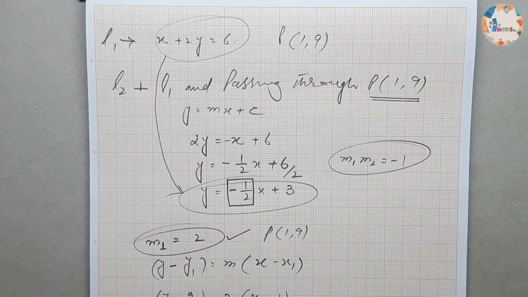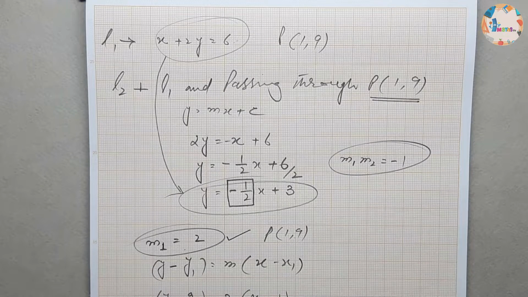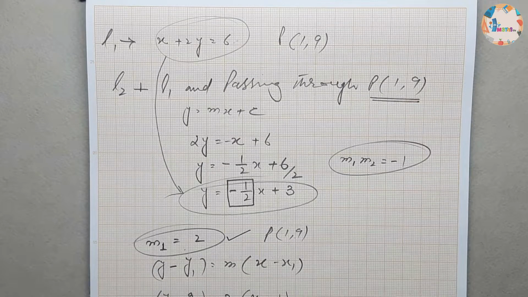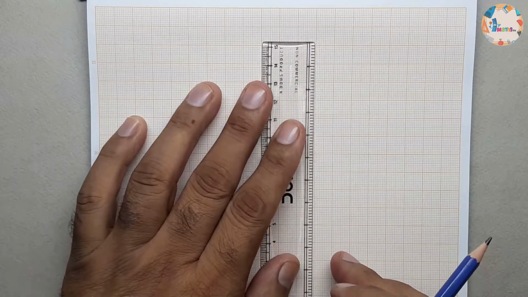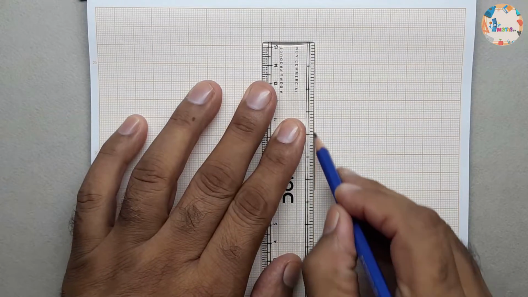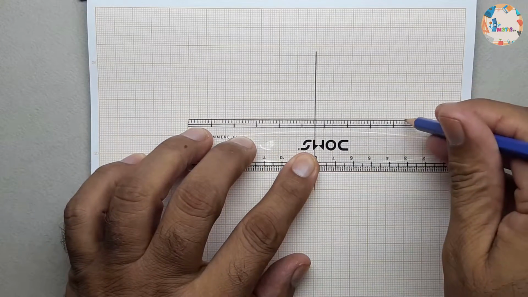This is in case we are given the equation, and sometimes they give us a graph. So in that case, we will be using the graph. For example, if this is the graph given, I will quickly draw a small graph for your understanding.